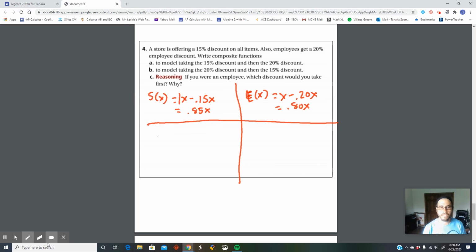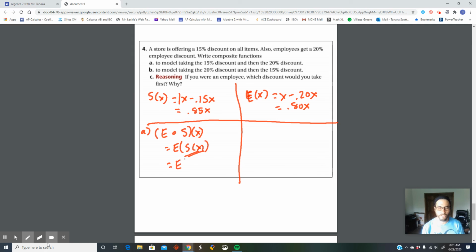Now we're going to see these scenarios. Let's do A. A says 15% discount and then the 20. So I have to do the 15% first. This would be a case of E composite S. Whichever one I want to have done first has to come second here, because that'd be E of S of X. That means you're going to do the store discount first, which would be the 15%.